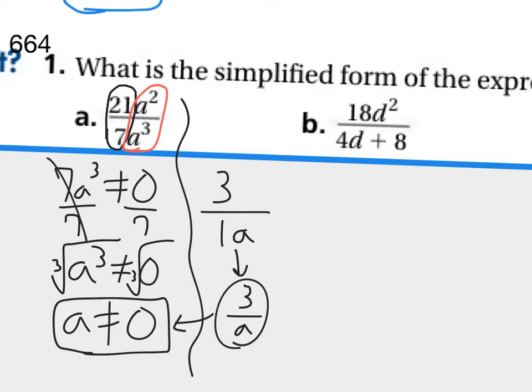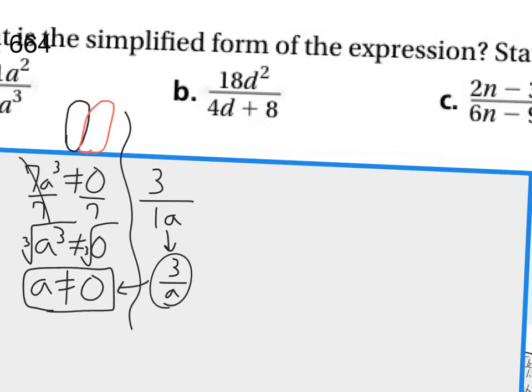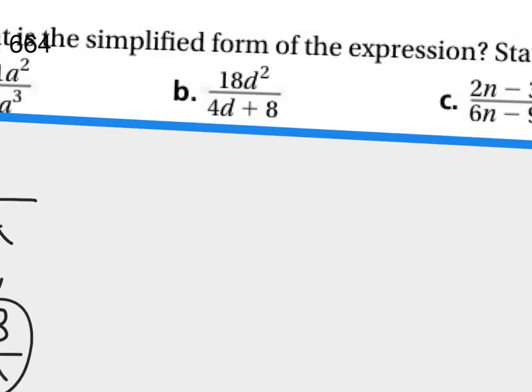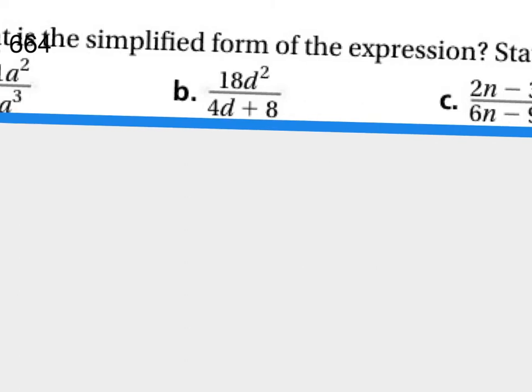Part B, once again, we have an expression that's got addition in it here. So in the denominator, that's not factors. So don't try to do any canceling yet. In fact, before we even think about anything with that, let's look for excluded values. So let's say our denominator can't equal 0.